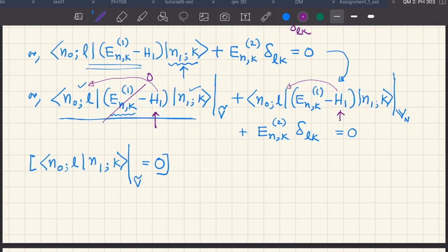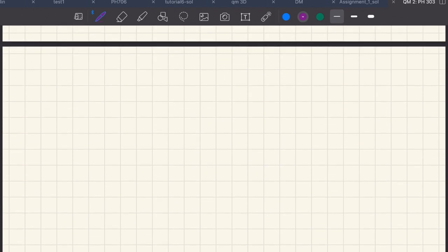The answer is no, and let us see why. This is also very interesting, that the perturbation H1 is diagonalized in the subspace Vn. That we have already seen.